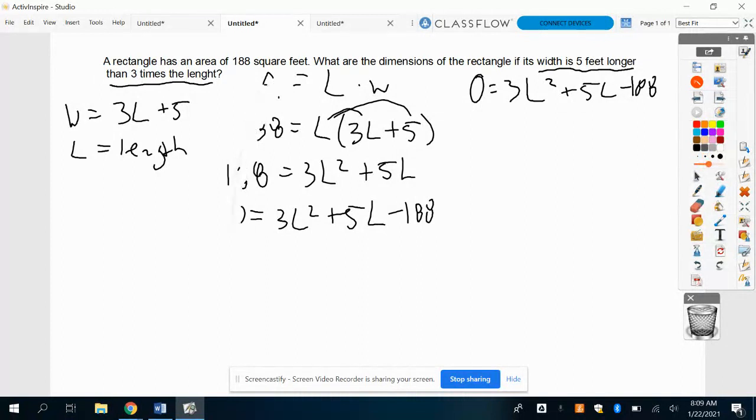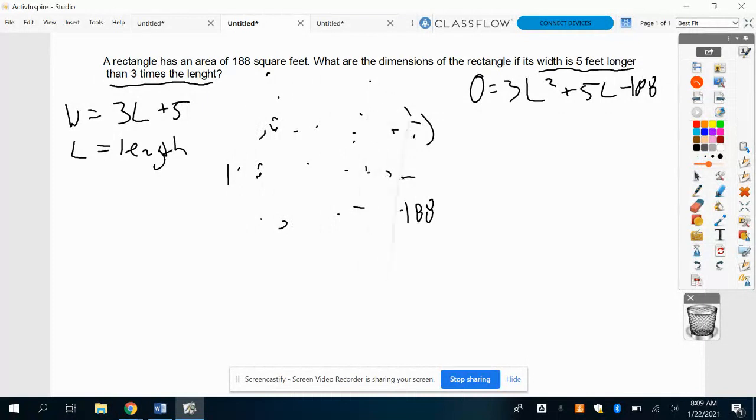And we're going to once again use the quadratic formula. So to help us get the answer to this problem, we're going to use the quadratic formula to come up with what the length is this time and use that to help us get the width.